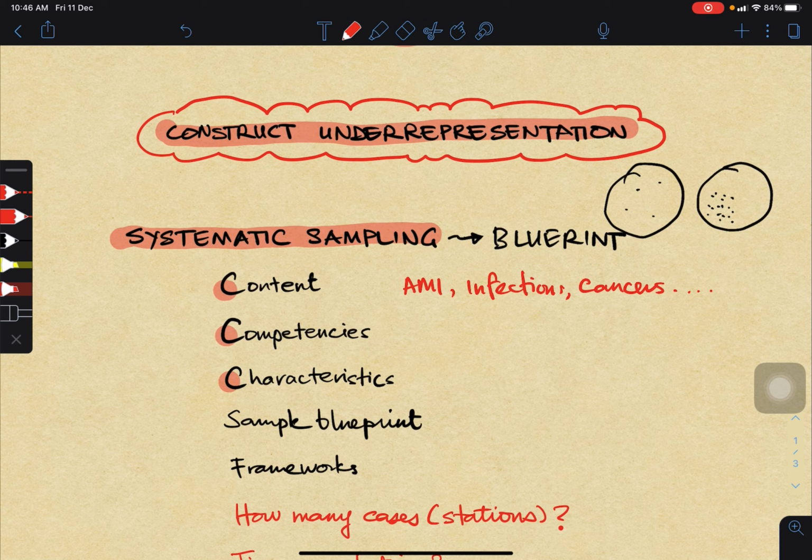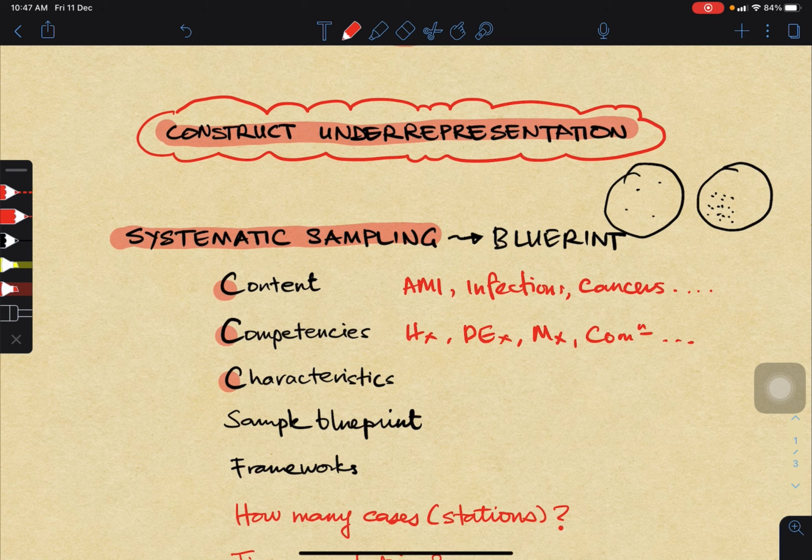Okay, right. And what about competencies? Of course, let's say this is a year 4 posting, so you would want to look at their history taking. You would like to look at their physical examination, and you would like to have a look at their management skills and communication skills, and the list goes on.